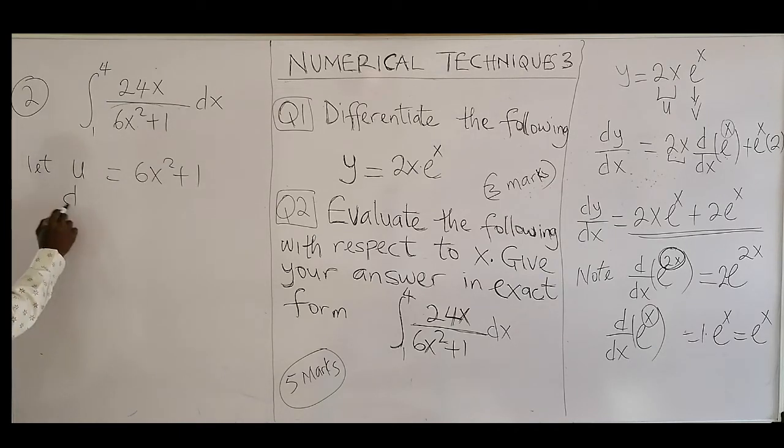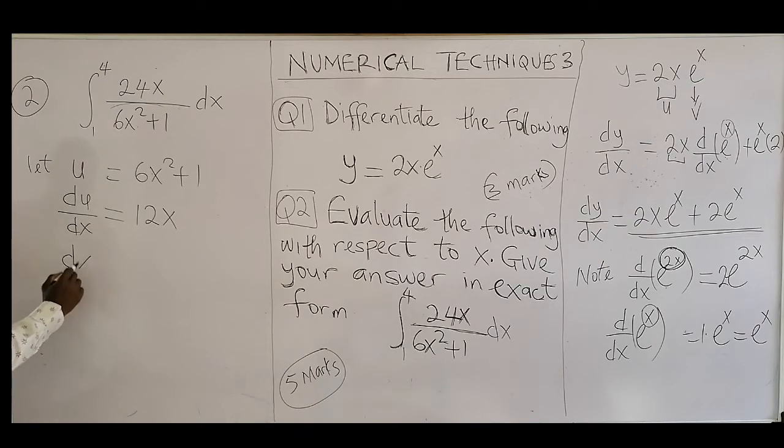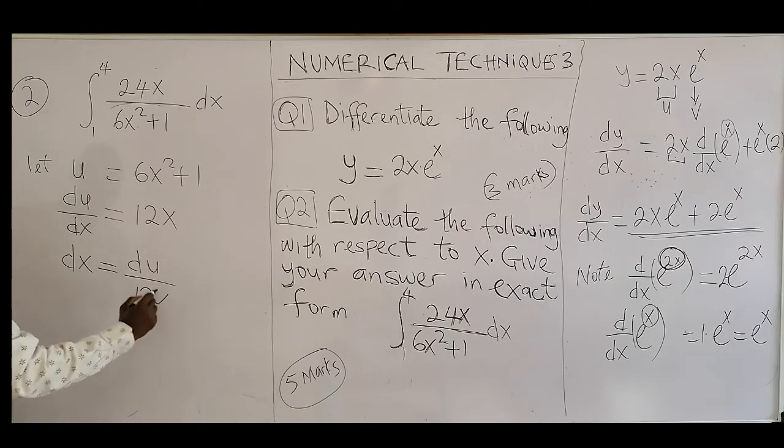Then du/dx, differentiate this function with respect to x, and that will be equal to 12x. Then the next thing to do now, can we make dx the subject? So dx will be equal to du over 12x. So that's what we have now.